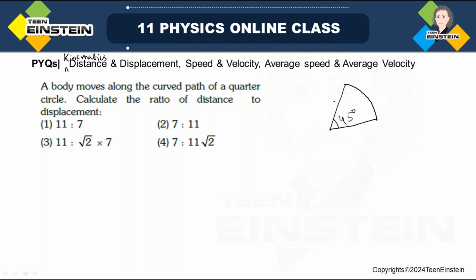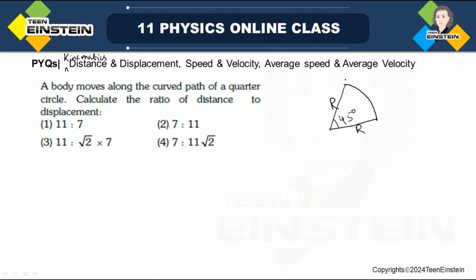If I say the radius of the circle is r, this is r and this is also r. We have to calculate the ratio of the distance to the displacement.